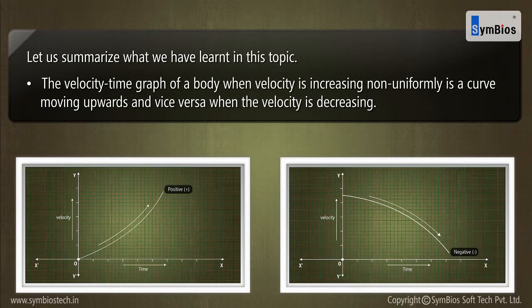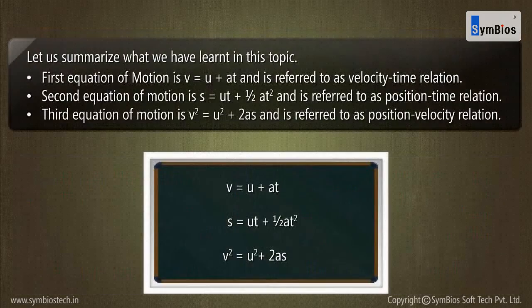The velocity time graph of a body when velocity is increasing non-uniformly is a curve moving upwards, and vice versa when the velocity is decreasing. First equation of motion is v is equal to u plus at and is referred to as velocity time relation.